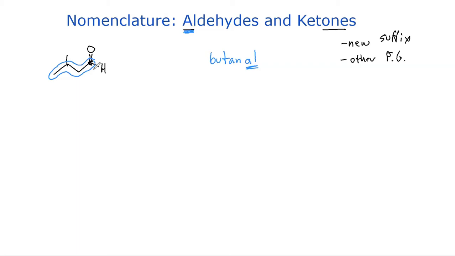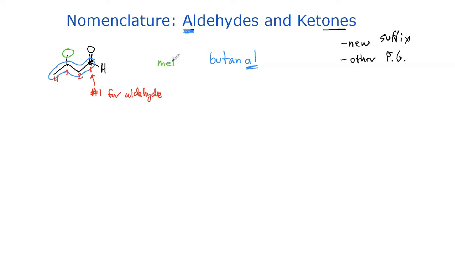We're numbering such that the aldehyde, which gets the highest priority, gets the lowest possible number, which is always number 1. It has to be, because if it weren't, it would be in the middle of the chain. If it's in the middle of the chain, it's not an aldehyde. So that means we have a methyl group on the number 3 carbon.